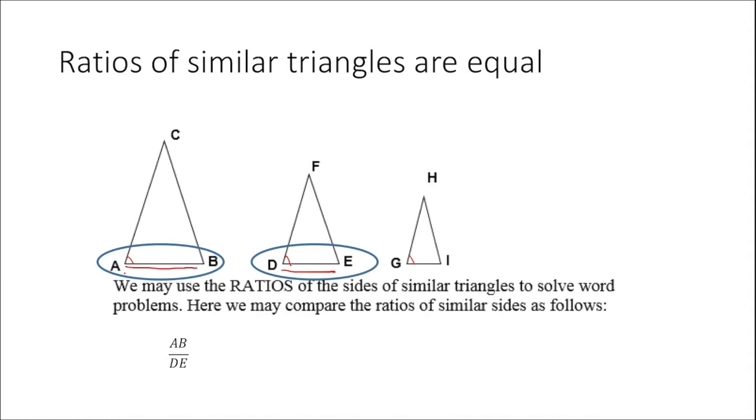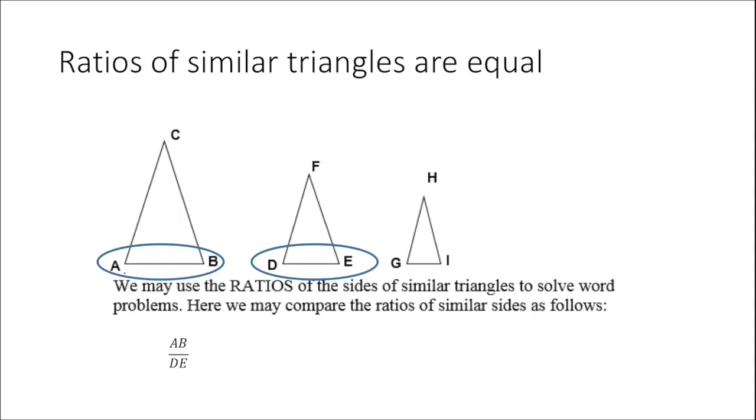AB over DE will tell me how much bigger AB is than DE. That'll give me the ratio. Well, that's going to be equal to the ratio between these sides, this big triangle, small triangle.